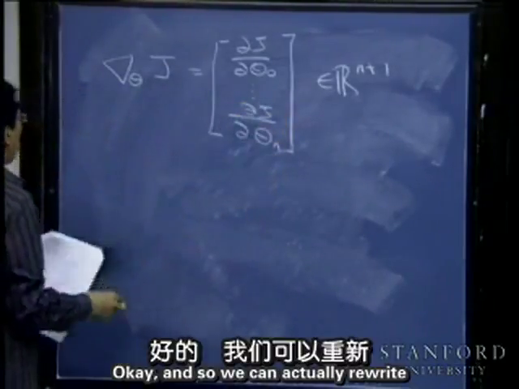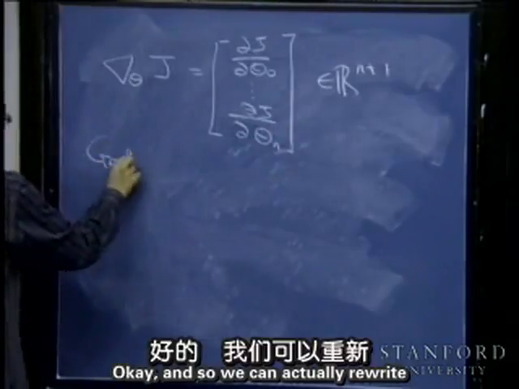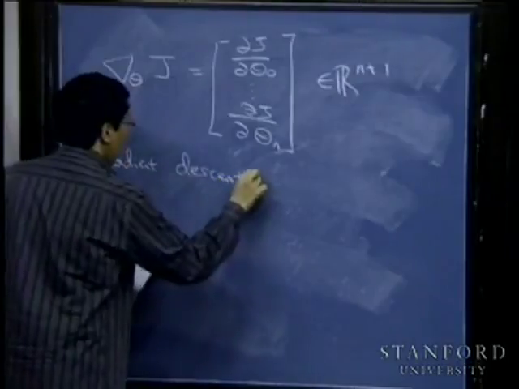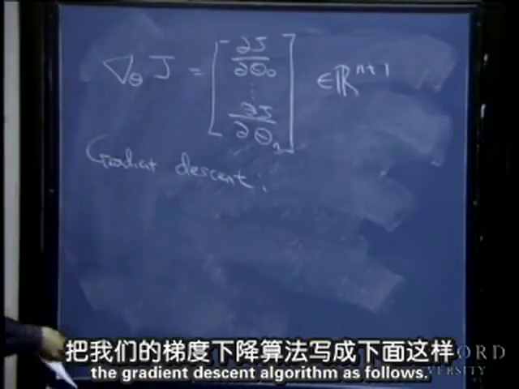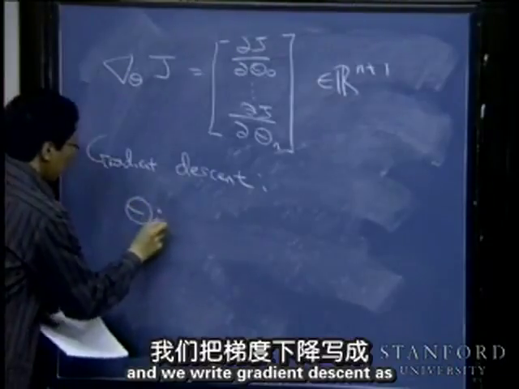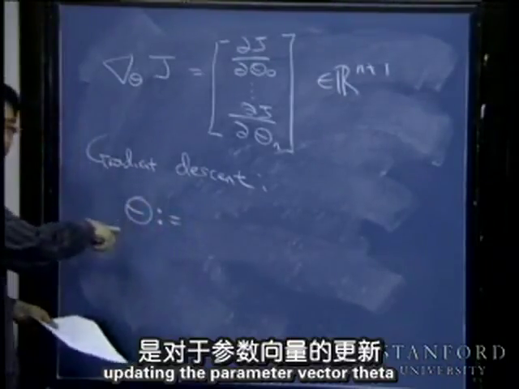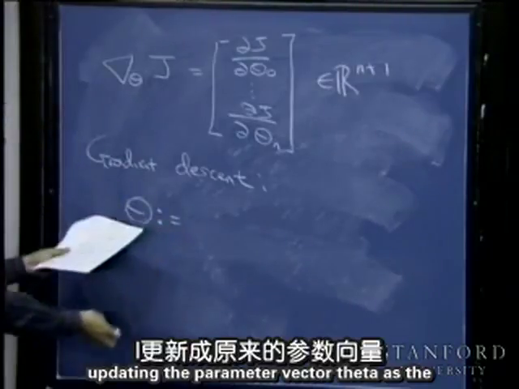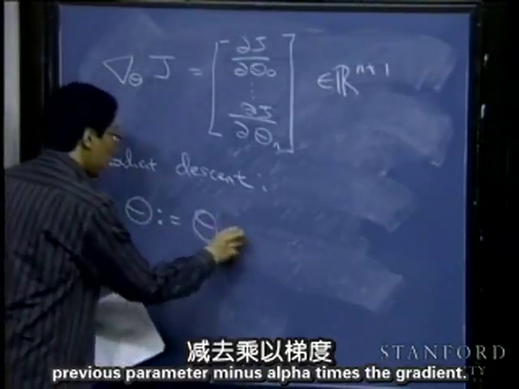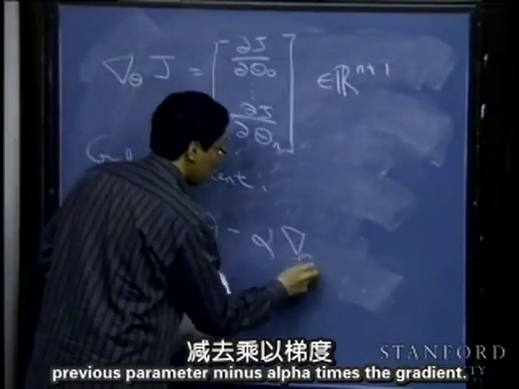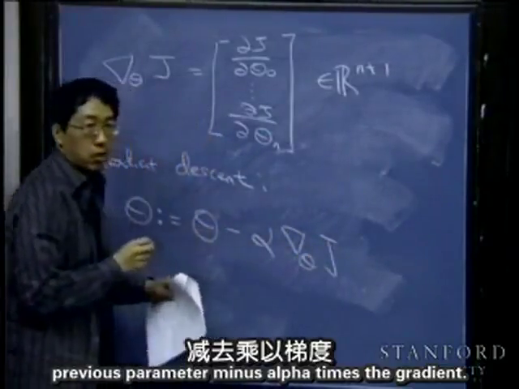And so we can actually rewrite the gradient descent algorithm as follows. This is batch gradient descent. Rewrite gradient descent as updating the parameter vector theta. Notice there's no subscript i now. Updating parameter vector theta as the previous parameter minus alpha times the gradient.